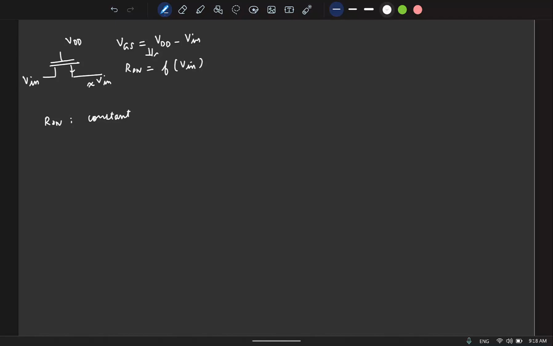right? If you want the on resistance to be constant, what can you say about VGS? VGS must also be a constant. And for a switch you want the VGS to be as large as possible.